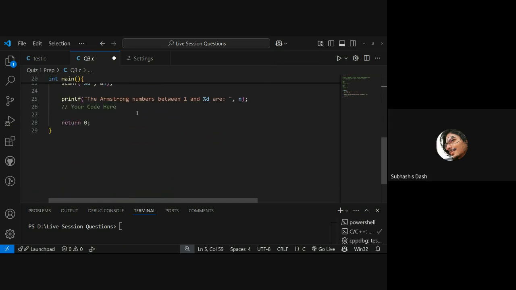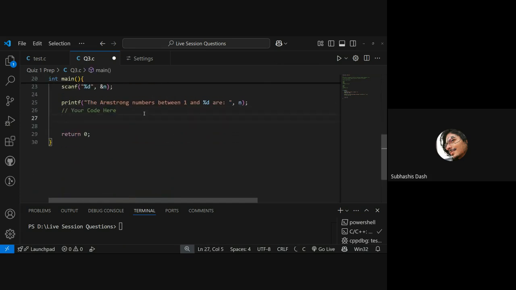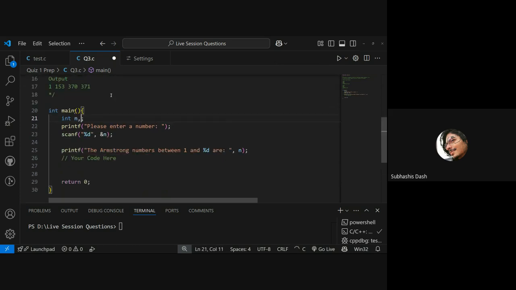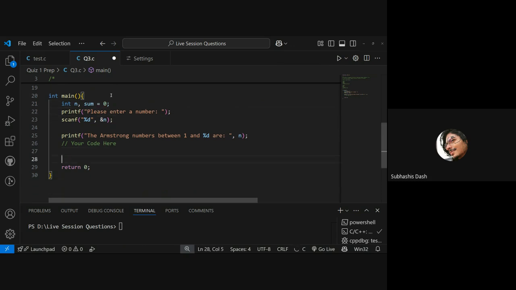So first, let's just see the code for printing a single Armstrong number. What do we have to do first? Firstly, I'll just put a sum over here. We need to pick every digit from that number, right? So how will we take the digits?